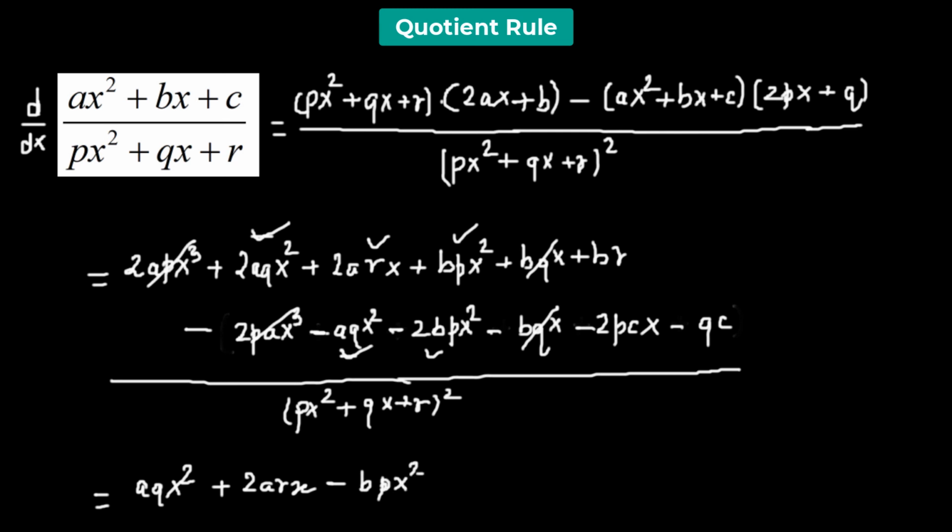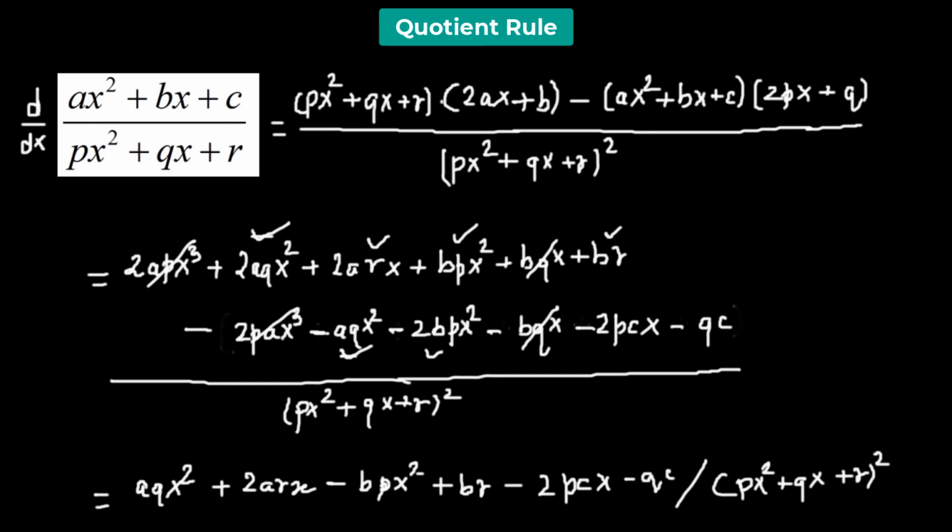And we have br plus br, negative 2bcx minus qc divided by px squared plus qx plus r whole squared.